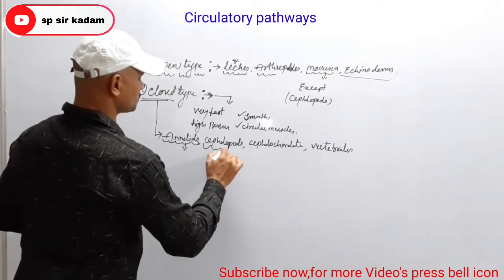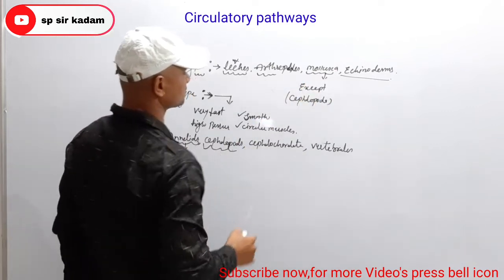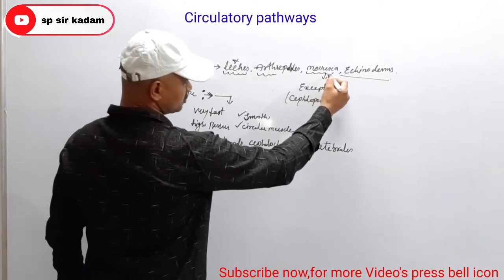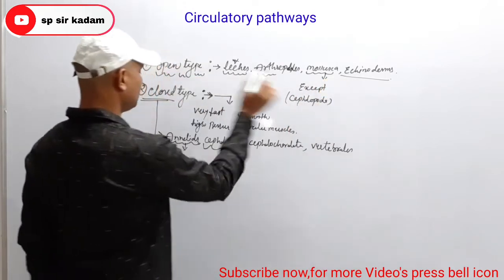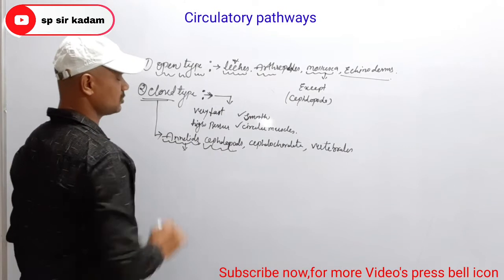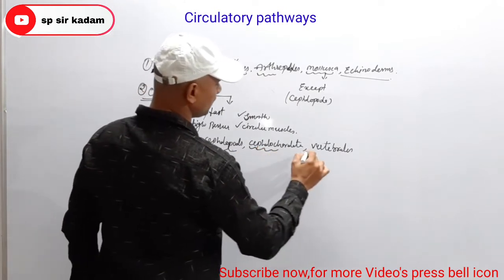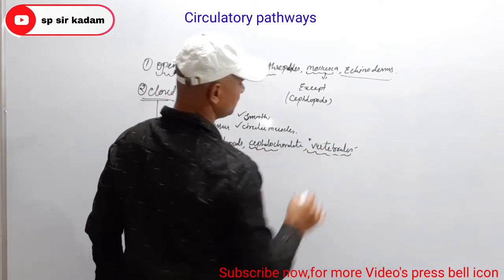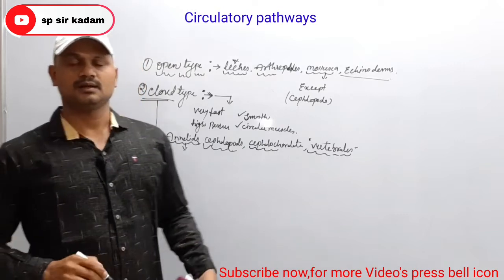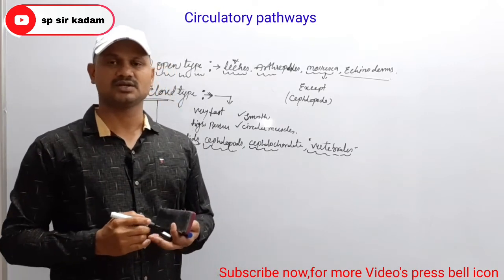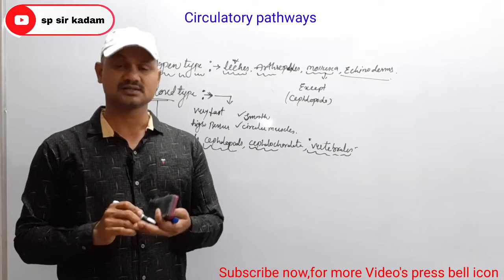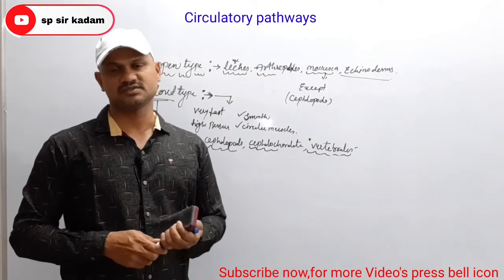Then cephalopods, one of the classes belonging to phylum Mollusca. In most of the mollusca that is open type, but in cephalopoda class animals, closed type. And in cephalochordata and in vertebrates, from fishes to mammals, circulation is which type? That is closed type of circulation.